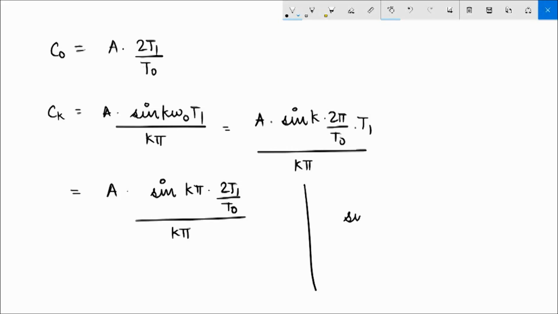Now remember that a sinc function, sinc of x, is represented as sine pi x by pi x. That means if I wanted to represent this as sinc of some argument, I need to bring it as sine pi into something upon pi something. So the only thing missing here is 2t1 by t naught.